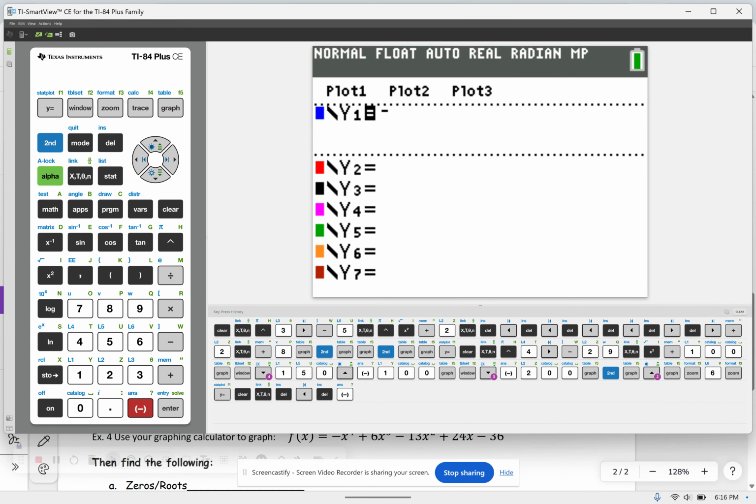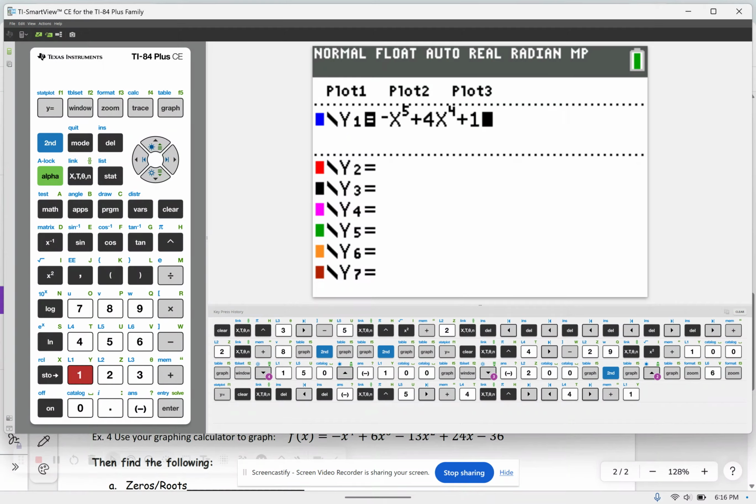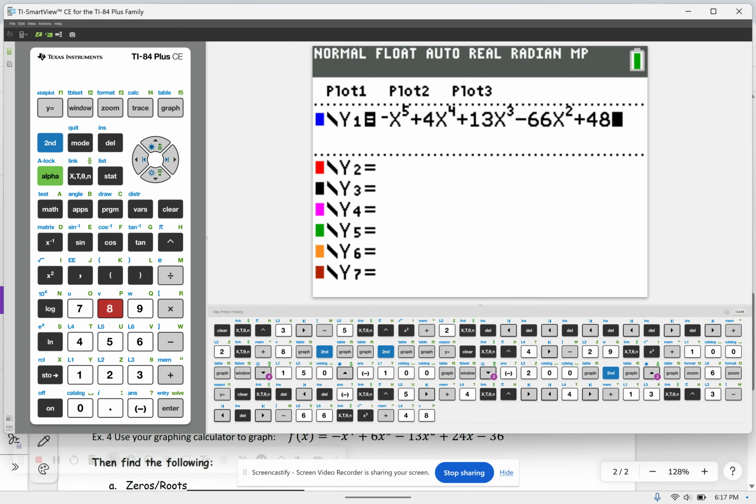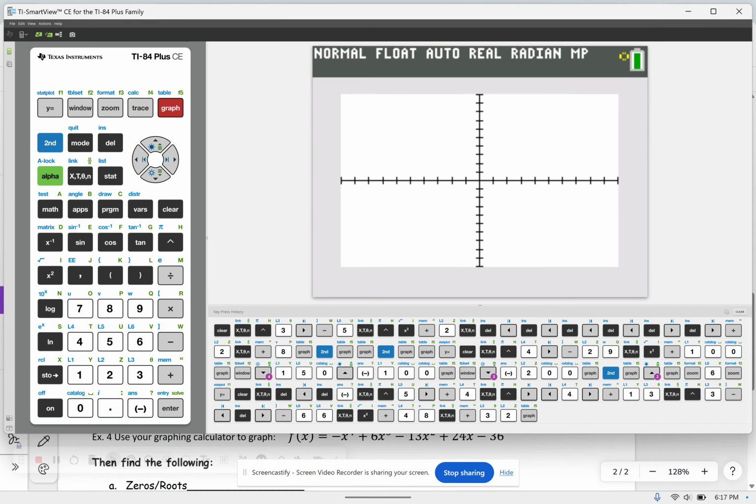So negative x to the 5th power plus 4x to the 4th power plus 13x to the 3rd power minus 66x squared plus 48x plus 32. Okay, and then I'm going to hit graph.